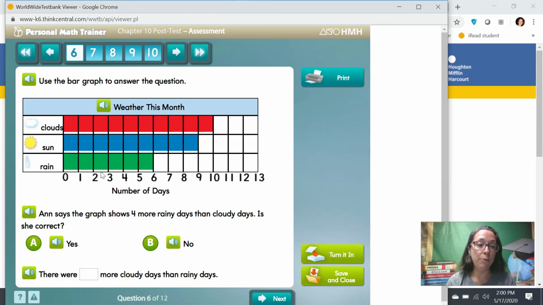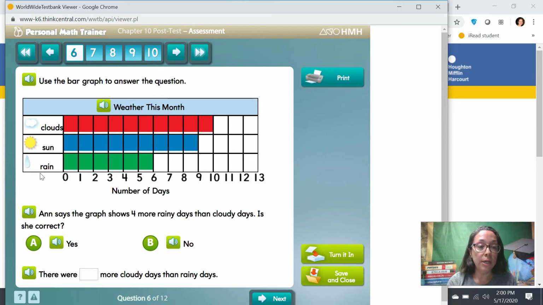All right, now we're moving on to number 6. Same type of graph again, different question. Misma gráfica, diferente pregunta. Anne says the graph shows 4 more rainy days than cloudy days. Is she correct? Ok, dice que Anne dice que la gráfica enseña 4 más días lluviosos que nublados.